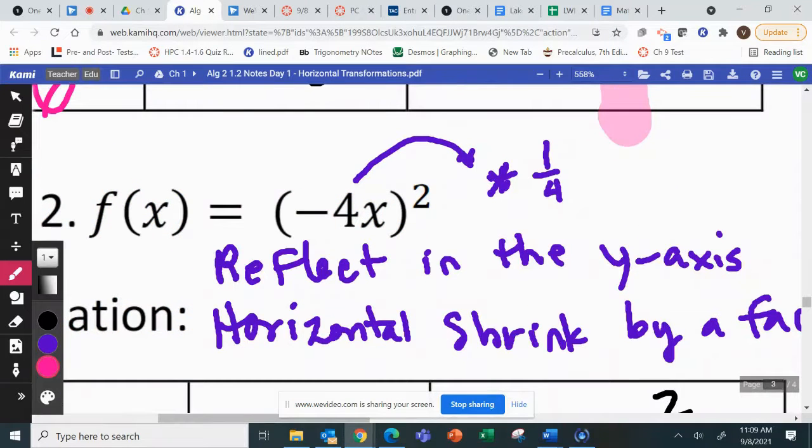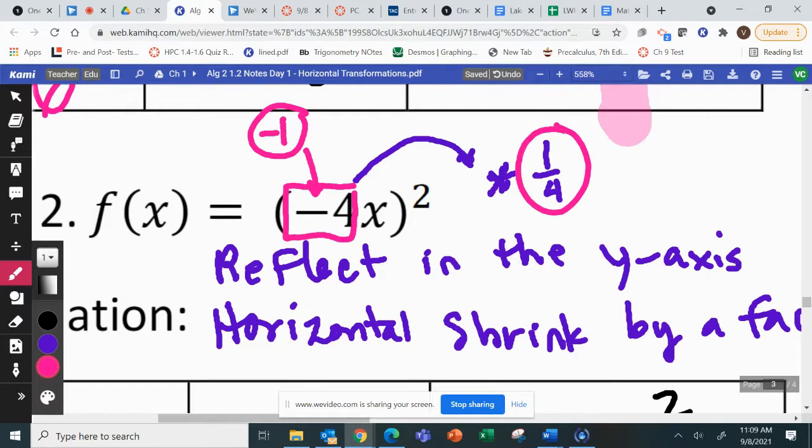Yes. So this right here is 2 transformations. Negative is not a number. Negative means -1. And then the 4 becomes 1/4. So we have to multiply by both the -1 and the 1/4.